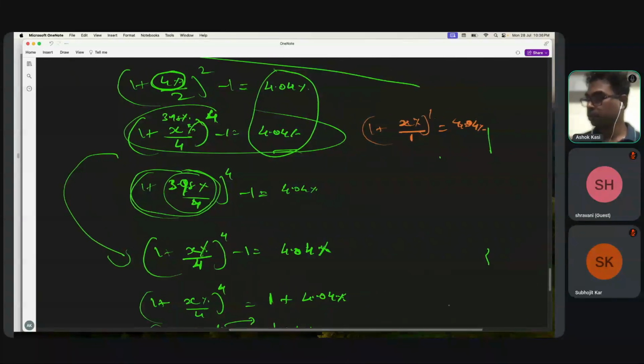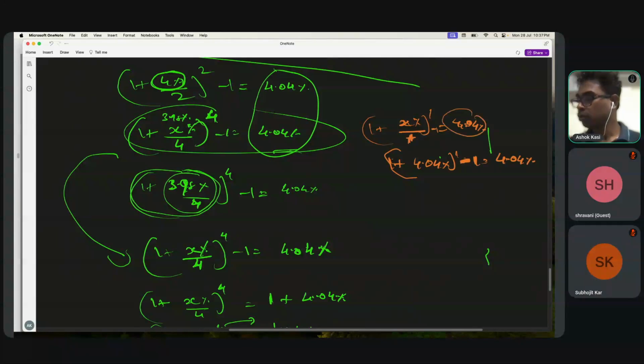So what should x percentage be? It should be 4.04 only. Minus 1, if I do, it will come to 4.04 percentage. Correct? Because it is annual. So this only will come in x percentage also.